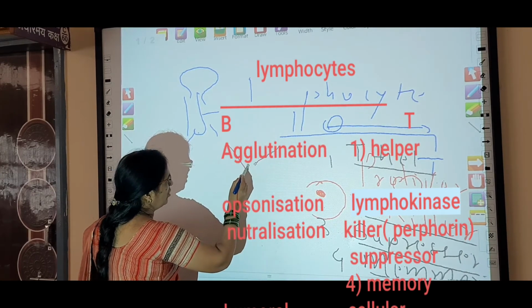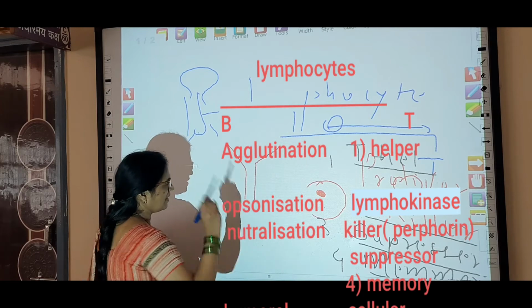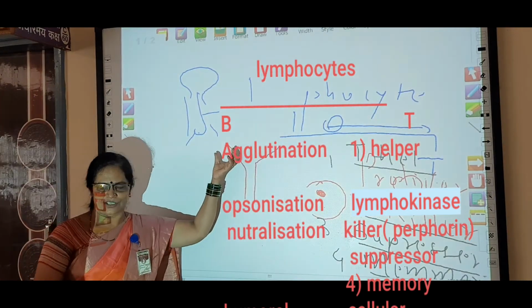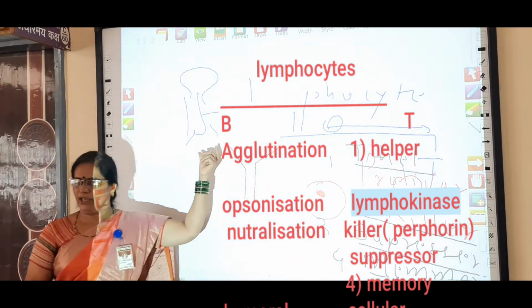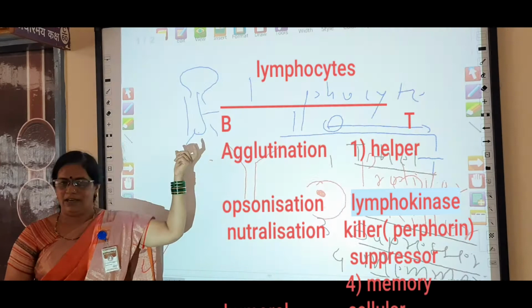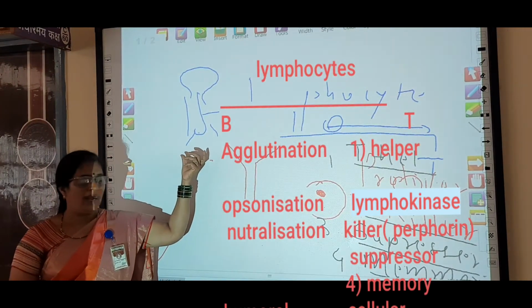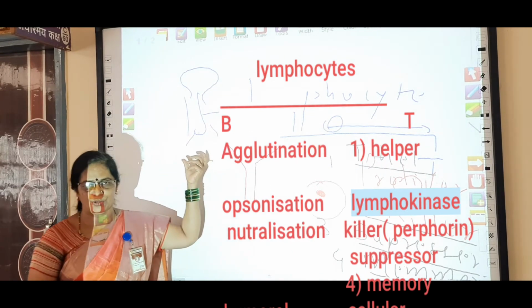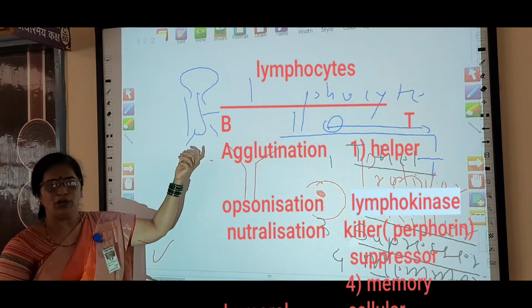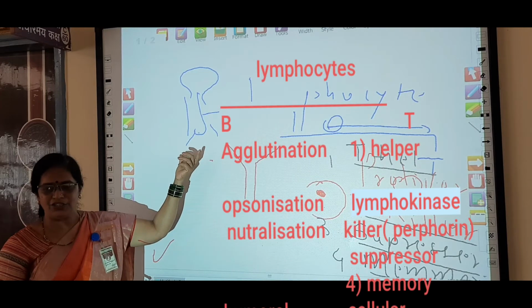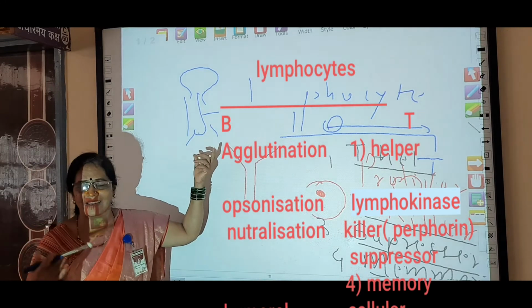The antibody has an antigen antibody site. This site recognizes the pathogen and produces an antigen antibody complex. With the help of that complex, pathogens are killed.